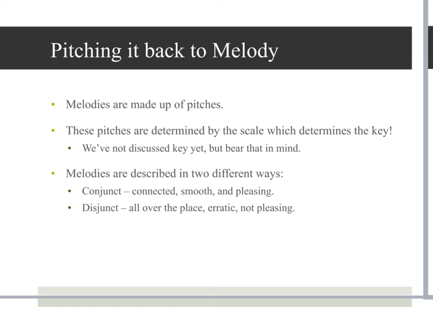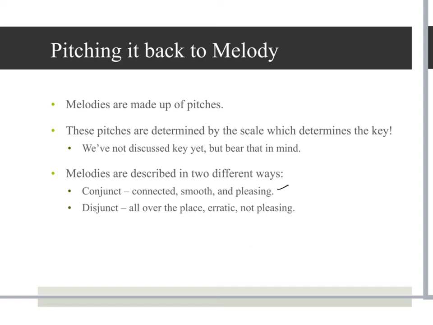And we describe melody in two different ways, conjunct and disjunct. So conjunct melodies would be very smooth melodies, like, you could say, even though the ABCD song has a lot of thirds in it, it's still pretty conjunct. It's not leaping all over the place. Mary Had a Little Lamb, very conjunct.